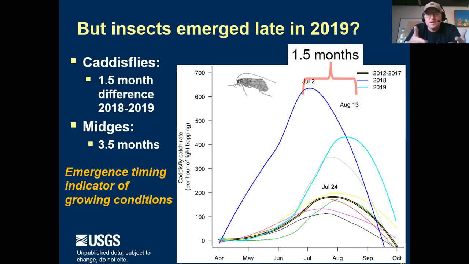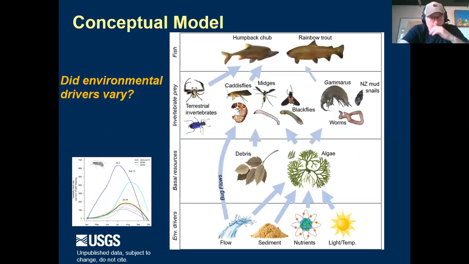And emergence timing is an indicator of the growing conditions. And so that suggests that the growing conditions in 2019 might have actually been really poor, this late emergence. To help make sense of all this, we've got this conceptual model that we think about.